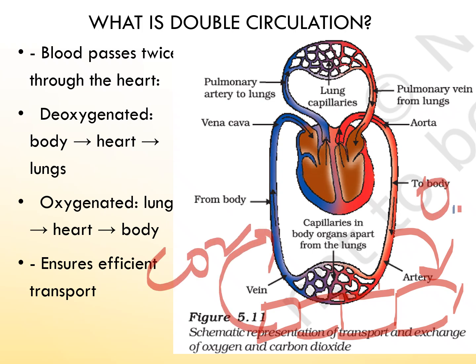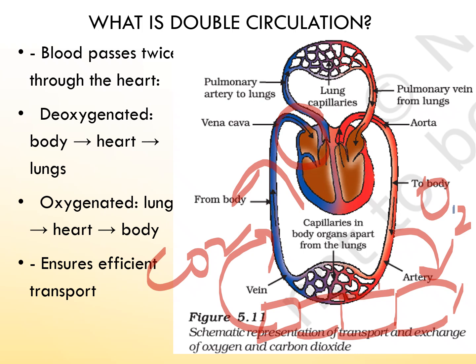And now the blood becomes deoxygenated, and as we have seen earlier, this deoxygenated blood will now go with the help of vena cava into the right atrium. Correct. Okay, so this process continues.